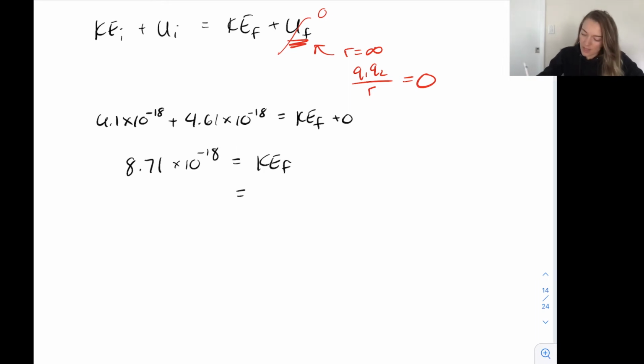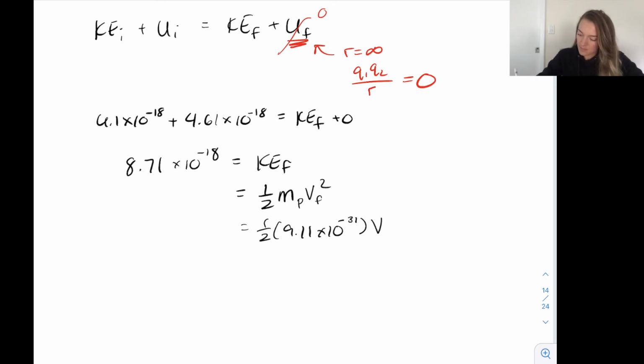And so again, we just have 1/2 m positron VF squared. We know the mass of the positron, and we're just going to solve for VF here.